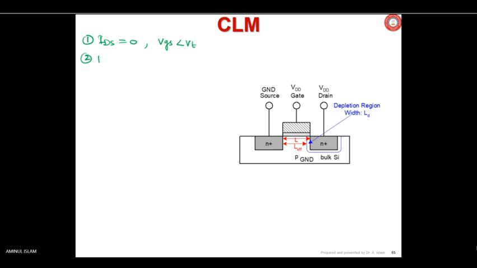Second point is IDS equals mu n C ox W by L into VGS minus VT into VDS minus VDS square divided by 2.